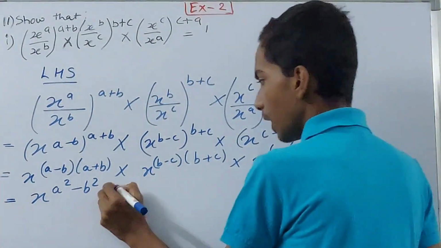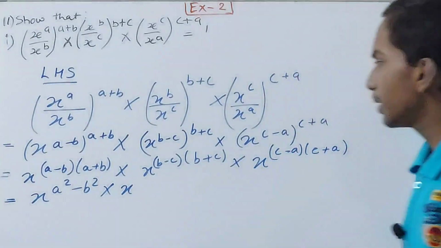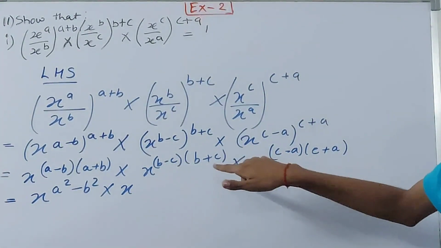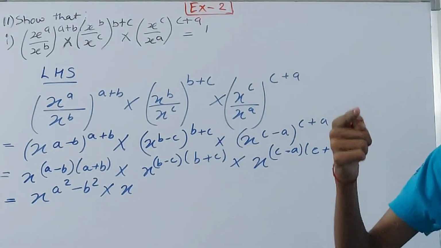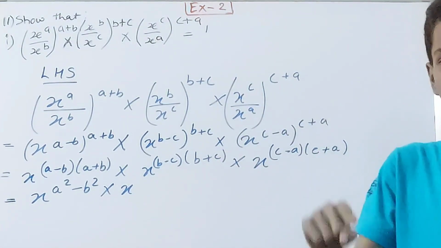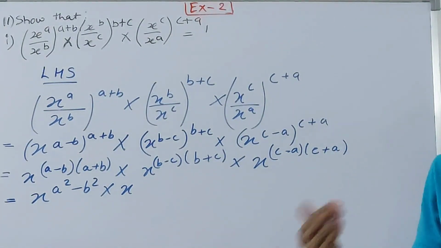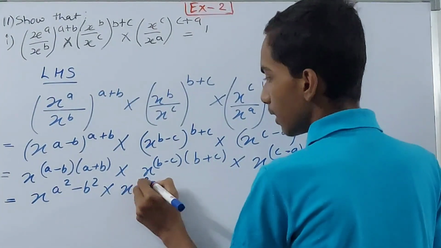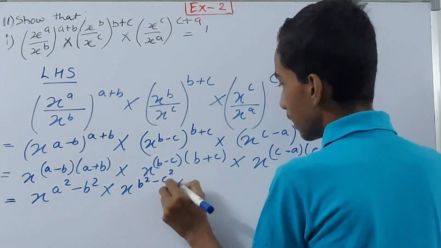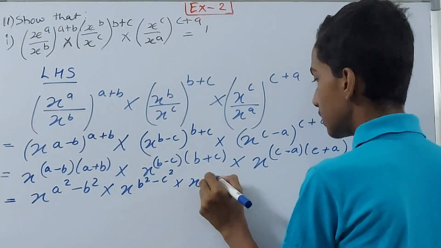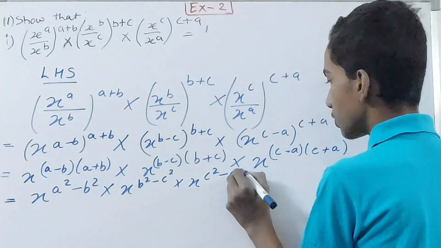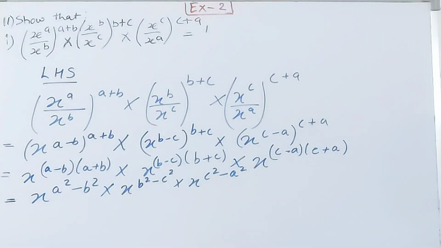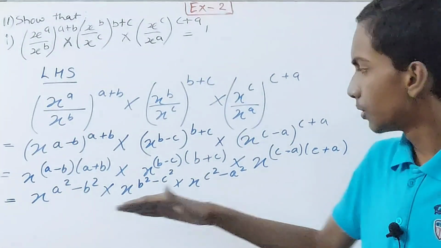Same thing here, b minus c, b plus c. So make square of b and make square of c and put the minus sign down, because we don't know the identities yet, so we'll do it this way only. It's like b square minus c square into x to power c square minus a square. Okay, everywhere we will do this rule.